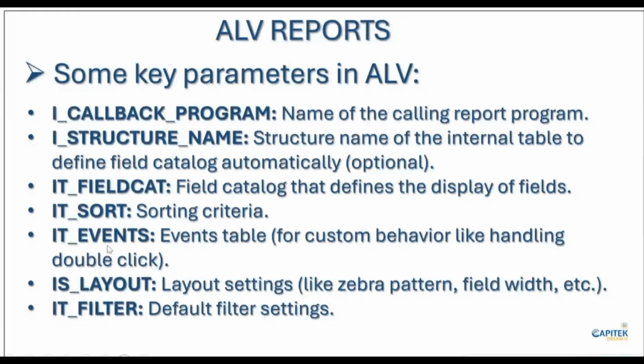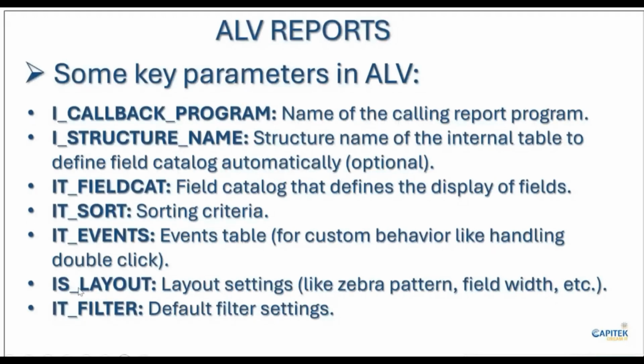And coming to the events, like the events you have in classical reports, we also have events in ALV reports. We will see that in the next session. If it is associated with events, then we will handle that with respect to the events.